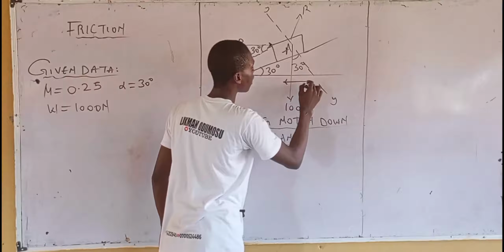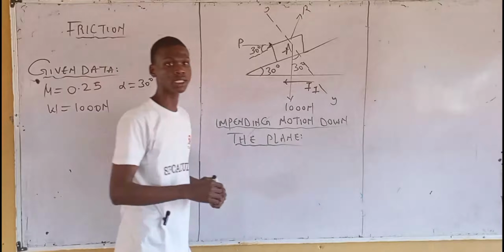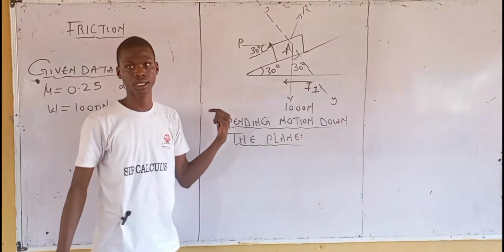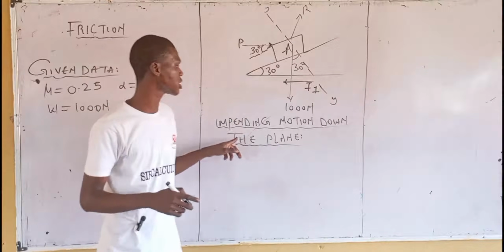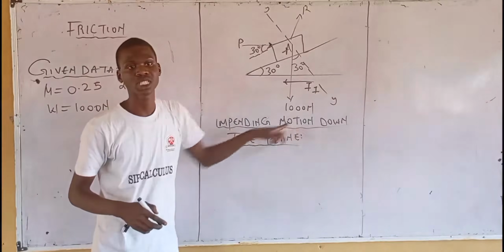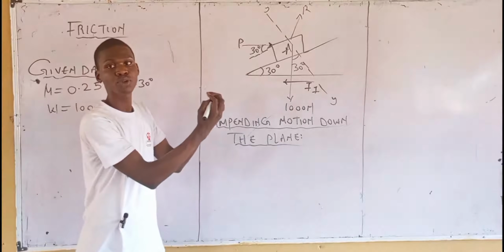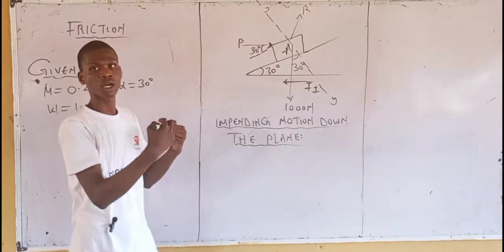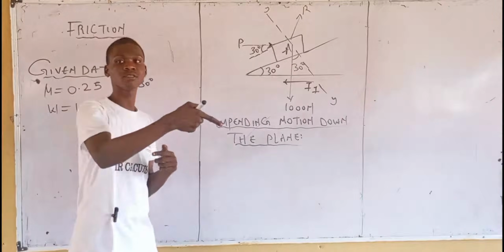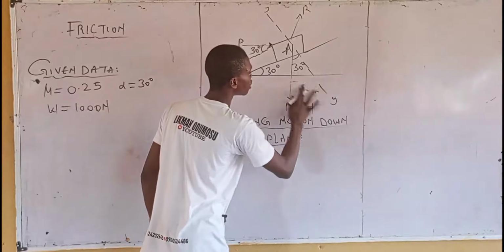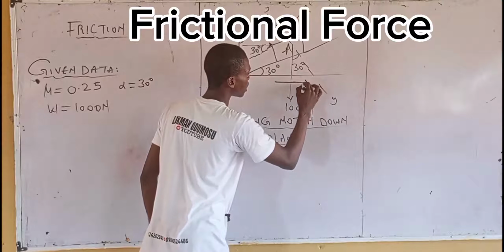If my force is going like this, frictional force should be like this. But since the question says impending motion down the plane, meaning the moment your gravitational force is bringing the block down, your frictional force will oppose the gravitational force.